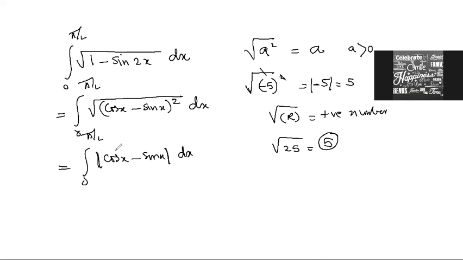Once I put a modulus, I ask the question, how do I remove the modulus? When does cos x minus sin x become 0? When do cos x and sin x have the same value? At pi by 4.